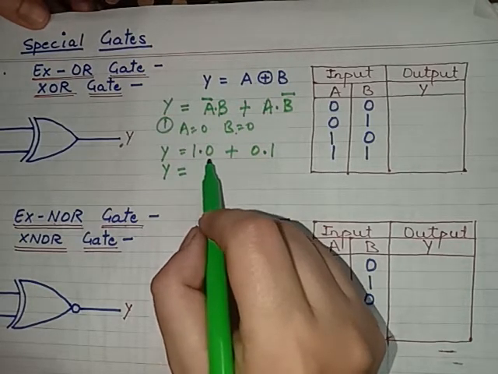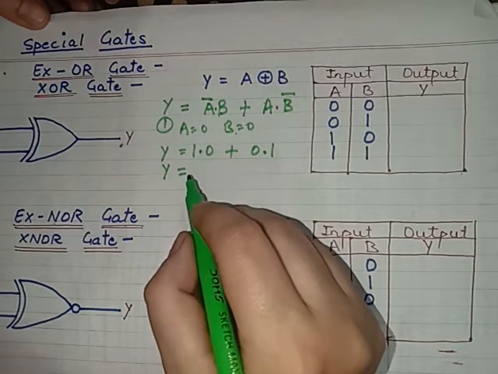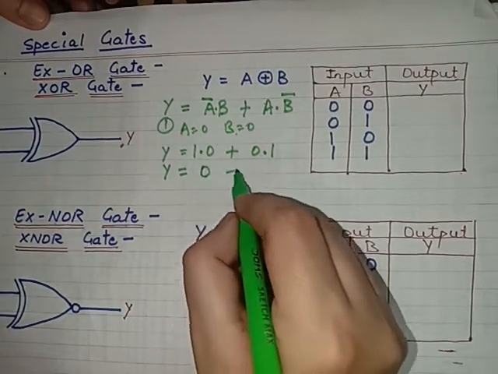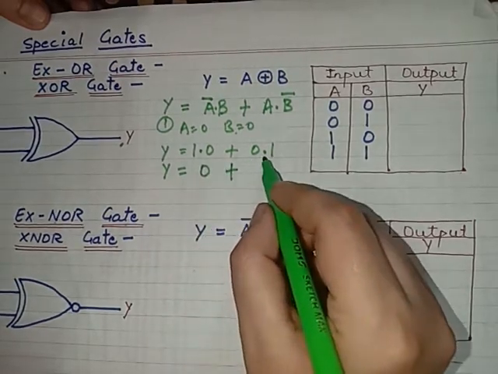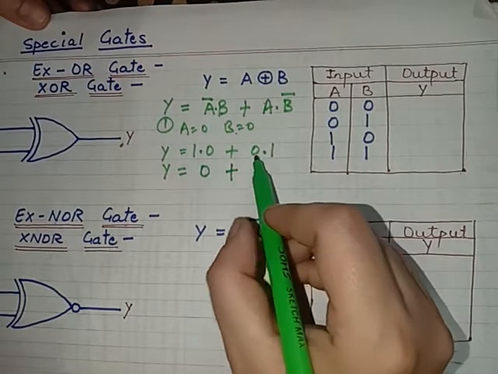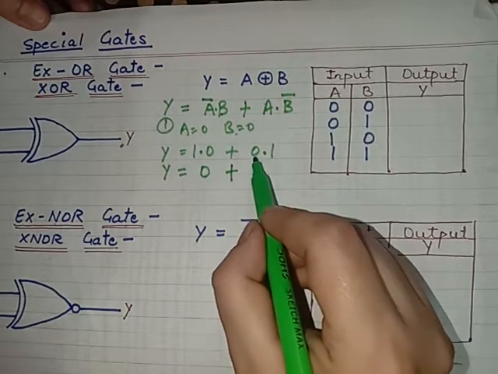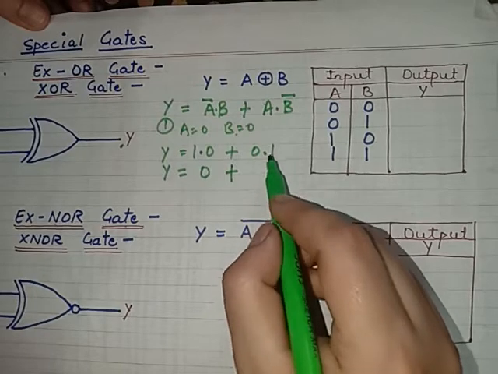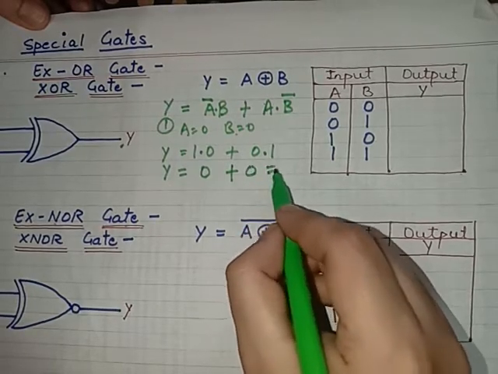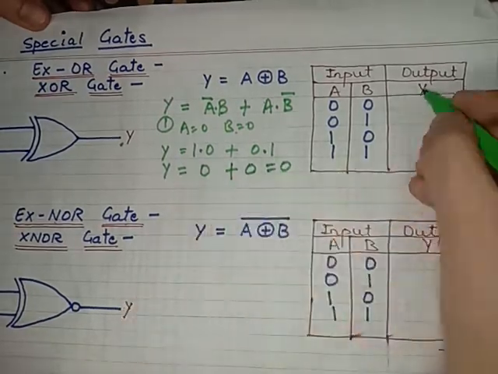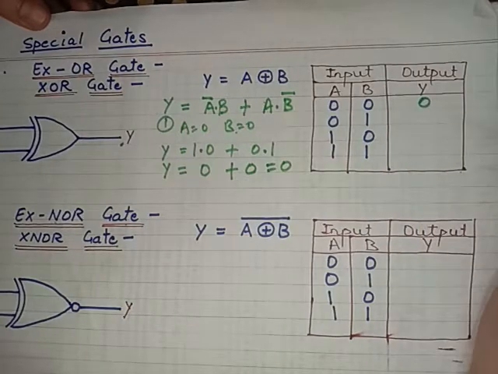What is 1 and 0? You will be getting here 0, plus A and B bar. Here A is 0, B bar is 1, that is 0 and 1, that is again 0, and this is 0. So Y will be equal to 0, output will be 0.